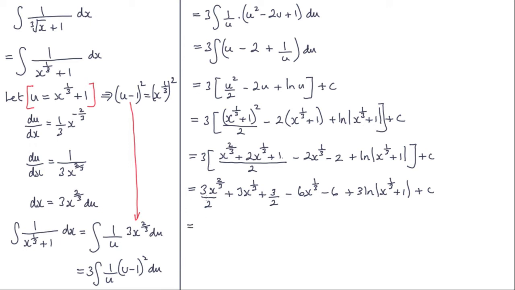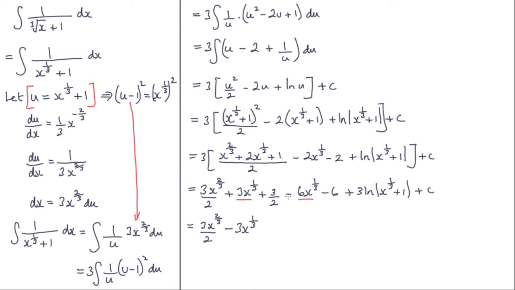Okay, the x to the 2 over 3 terms, I don't have any more of those. So we've still got 3x to the 2 over 3 over 2. Looking at the x to the power of 1 over 3 terms, we've got 2 of them, this one here and this one here. And that will give us a negative, so that's negative 3x to the 1 over 3.